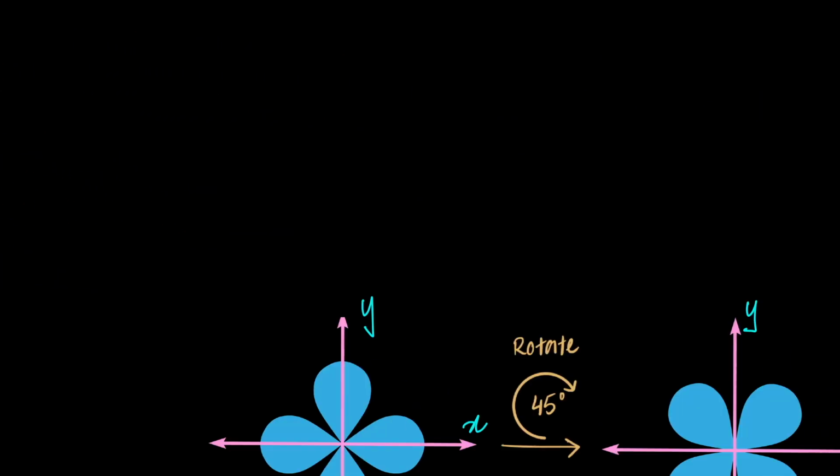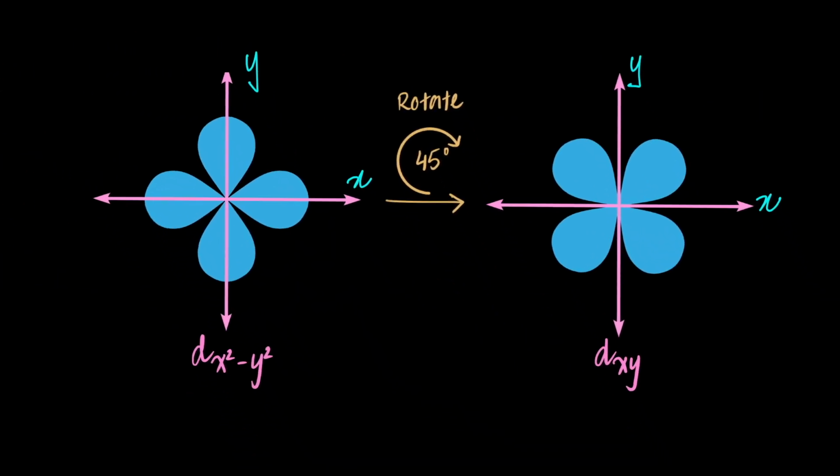Now here, if I go back, this could be xy. If this was x and z, this would be xz. If this was y and z, this would be yz, no matter how you draw the axes. But x²-y² will be this way, and z² will be exactly along the z-axis.